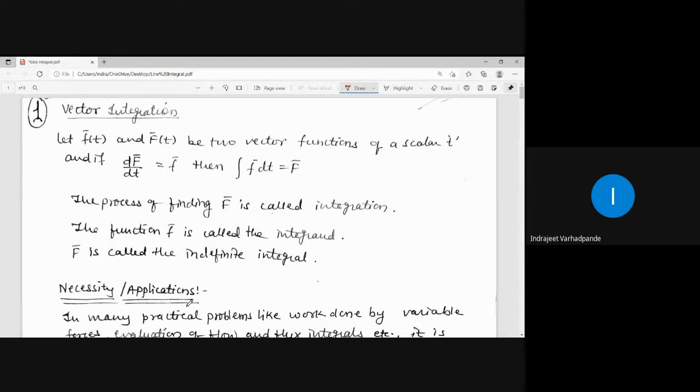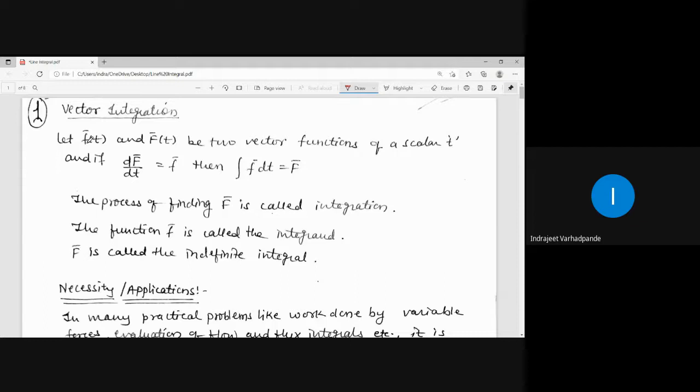If we go in reverse, the answer when integrated gives back the original function, and that is what we call the reverse process of the derivative.